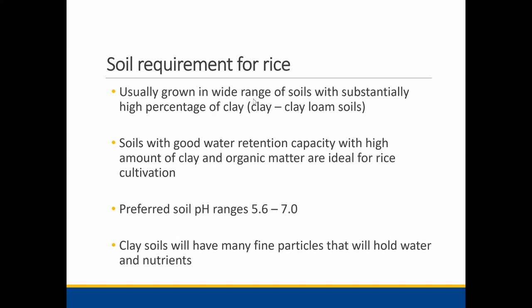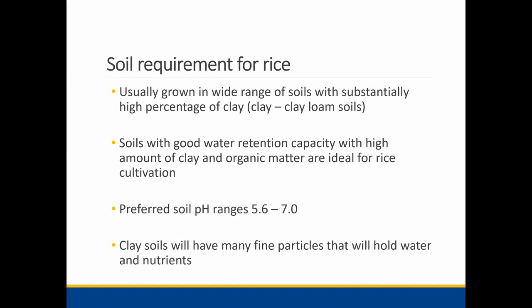As you know, rice can be grown in a wide range of soils, but it should have a high percentage of clay content. When you describe soil texture, if you remember your fundamental courses in soil science, it has three components: sand, silt, and clay.